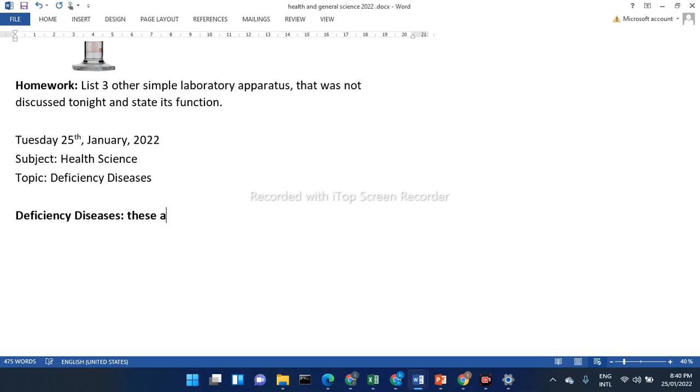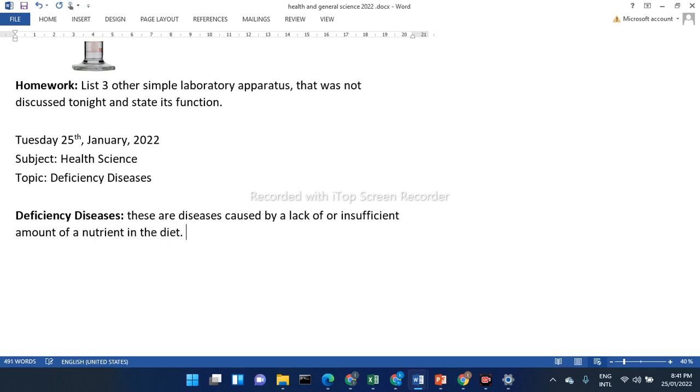So these are deficiency diseases. These are diseases that come from a lack of something, diseases caused by an insufficient amount of a nutrient in the diet.